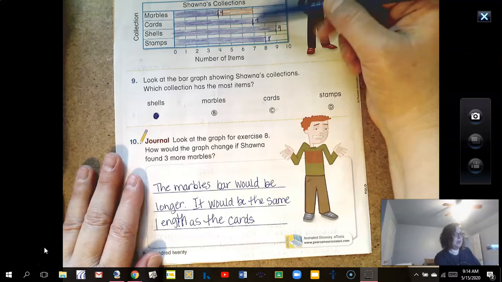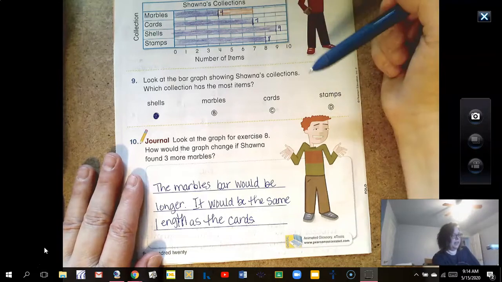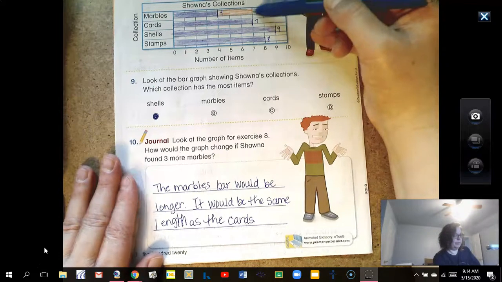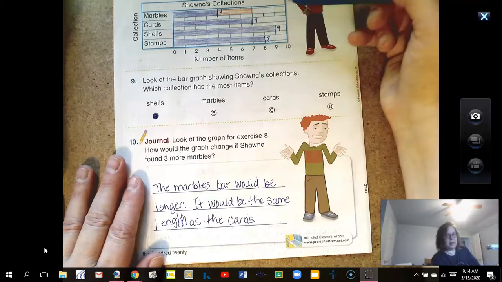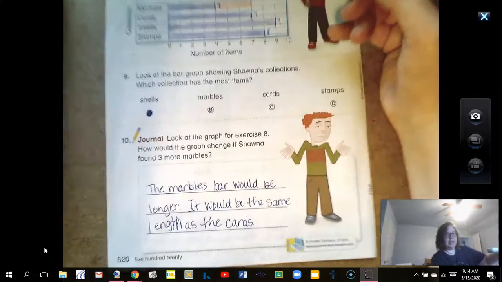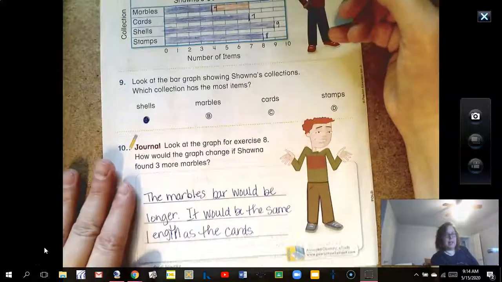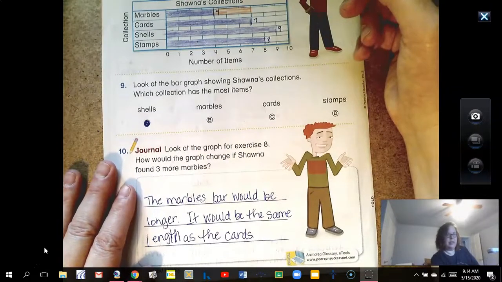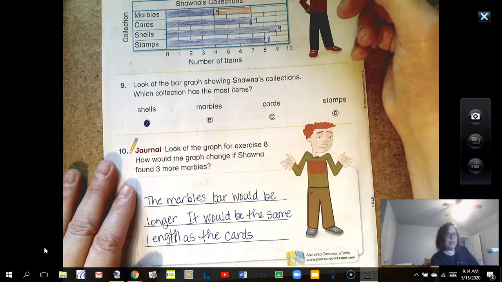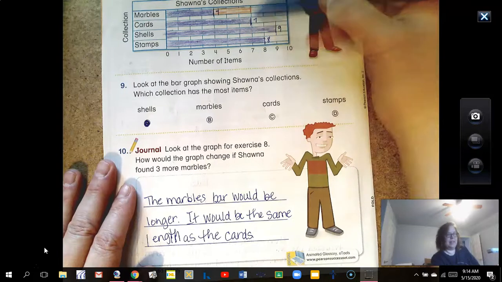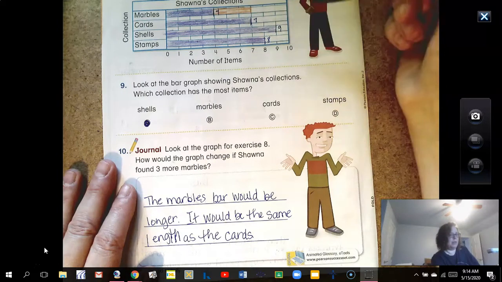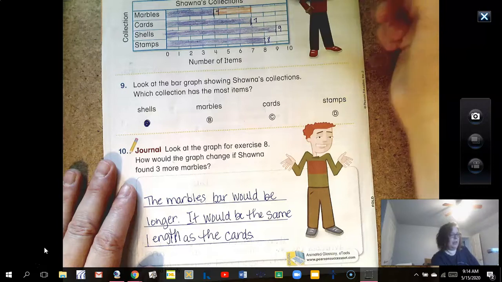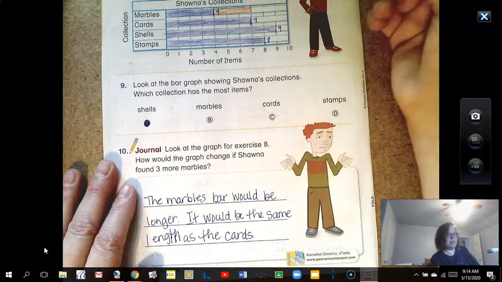So then these would be a tie, as they collected the same amount of marbles as they had cards. And they would both be the least, cards and marbles. Where before, marbles was the least.